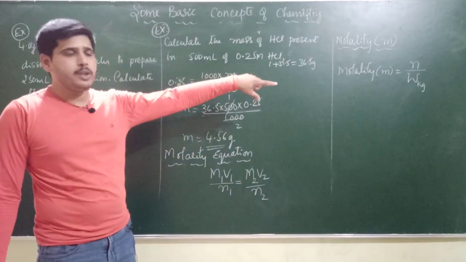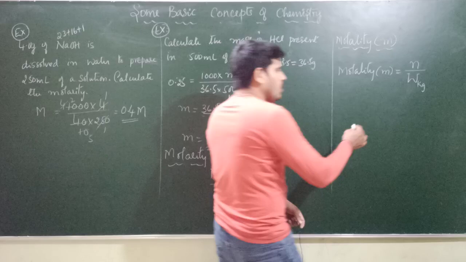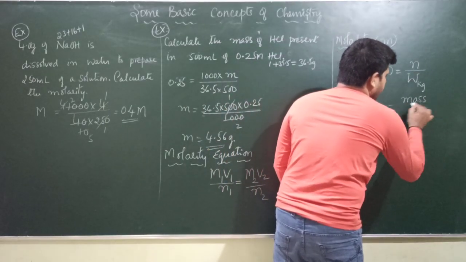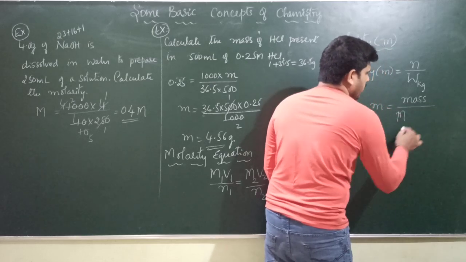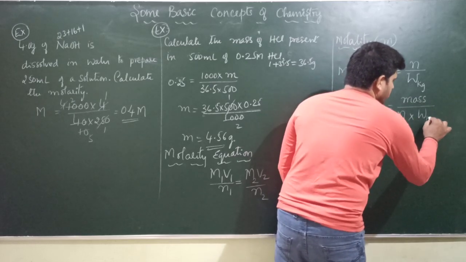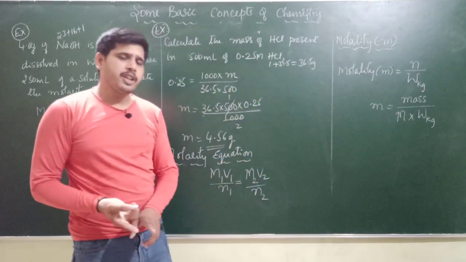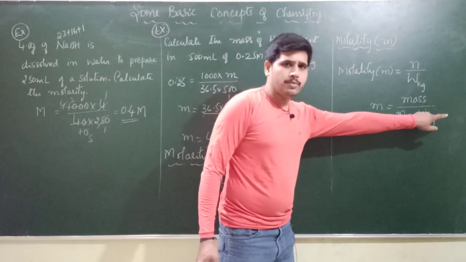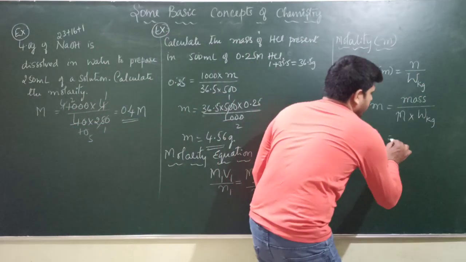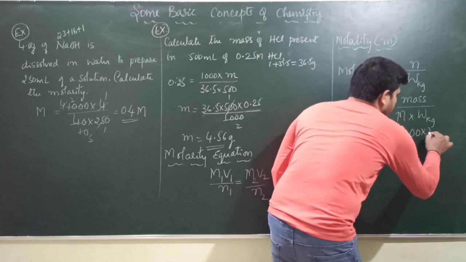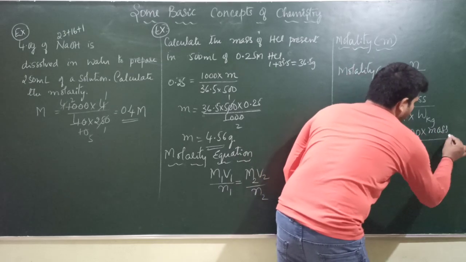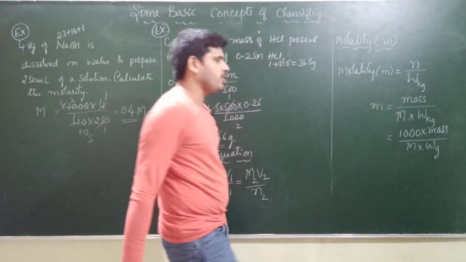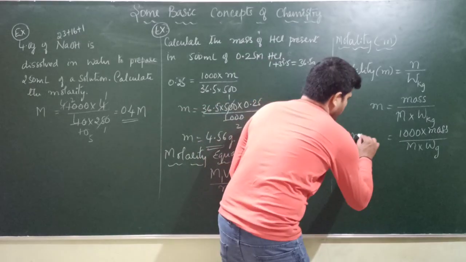So n by W kg is your molality, or we can write m is equal to mass divided by molar mass into W kg. In problems it will be given in grams, so we can write kg as 1000 grams. Therefore I can write it as 1000 times the mass of solute divided by molar mass into weight of solvent in grams, which is the molality.